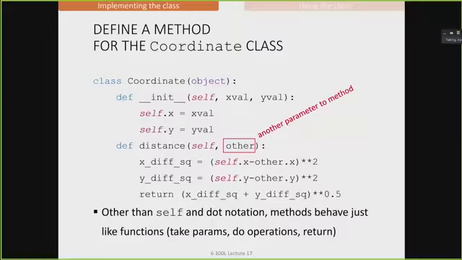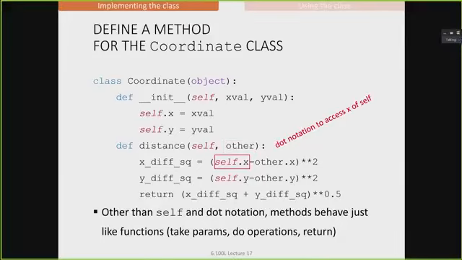So if I'm calling this distance method on an object of type coordinate, i.e. self, how do I grab my x value? I just say self.x. My x value, what is it? And then I would like to subtract that from the other coordinate object's x value. What's my other coordinate object? It's the thing that I'm passing in as a parameter. So grab their x value.